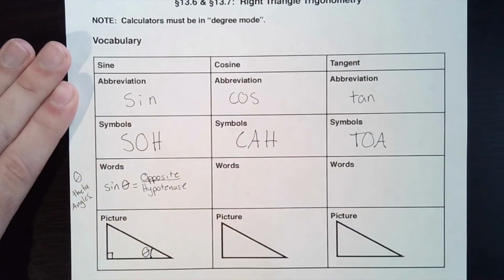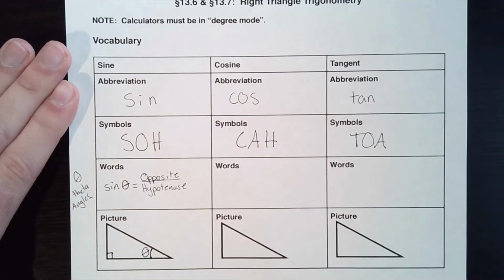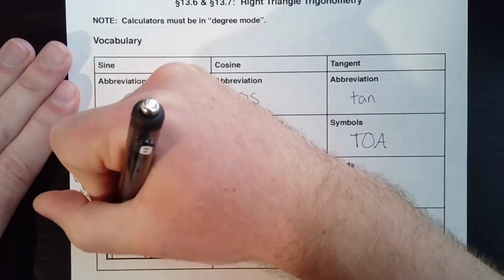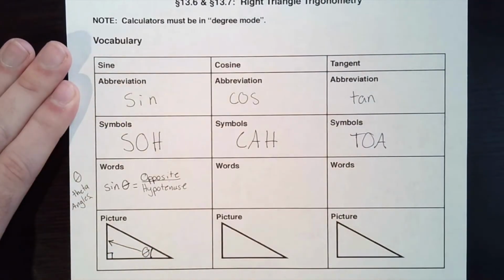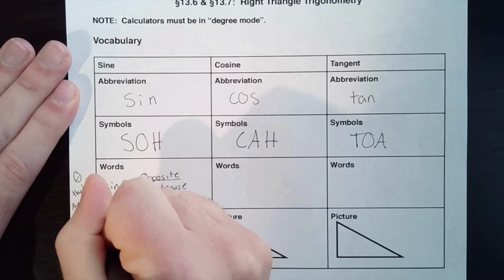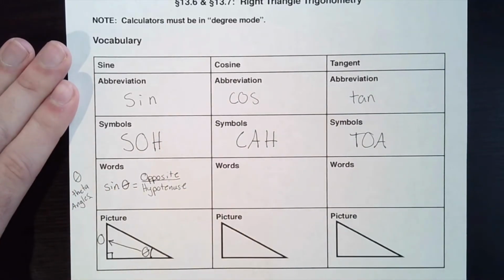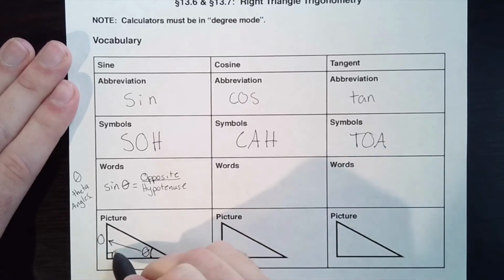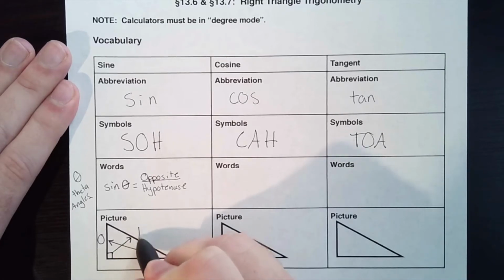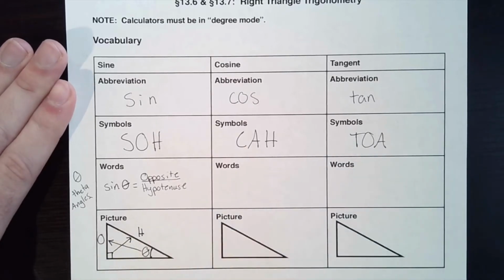There is a side that's considered opposite of that angle, which you might be able to figure out. It's going across our triangle to the other side. That's what we refer to as the opposite side, or a lot of times we simply use the letter O to represent that. Then we have the hypotenuse. Well, hypotenuse we've talked about when we talked about the Pythagorean theorem. That's always the longest side that's across from my 90. So this here is my hypotenuse.